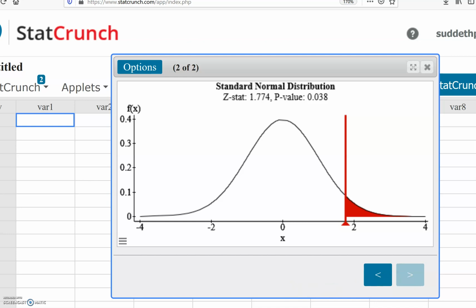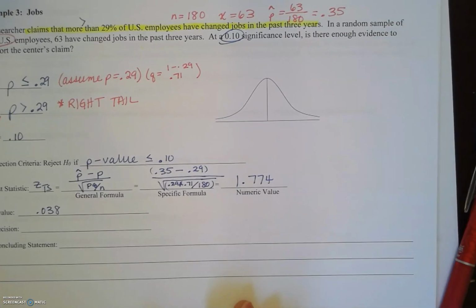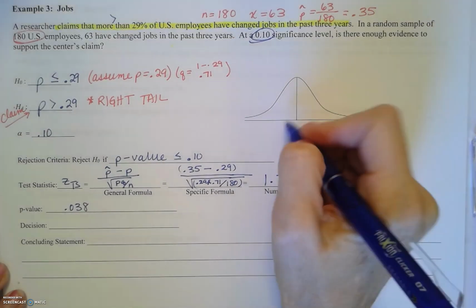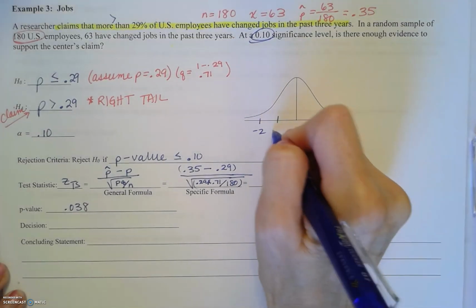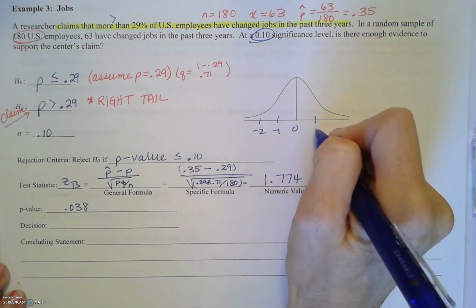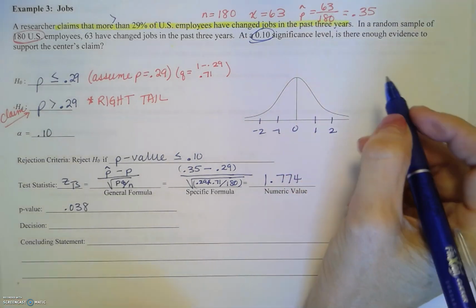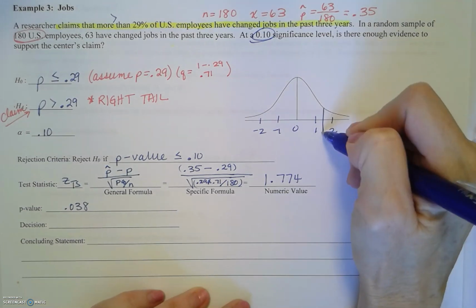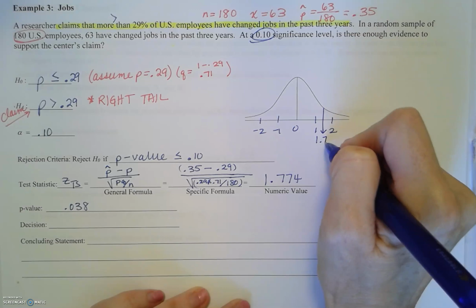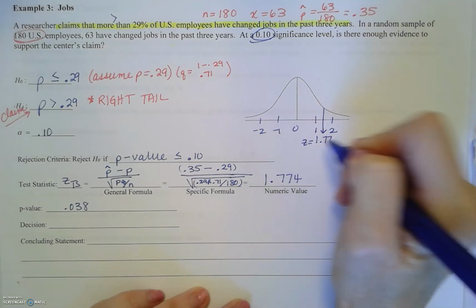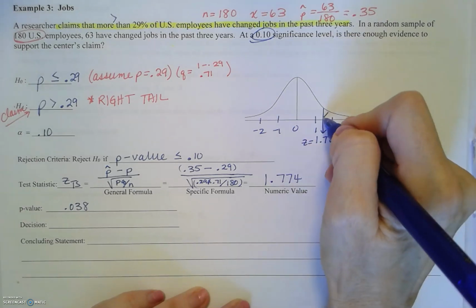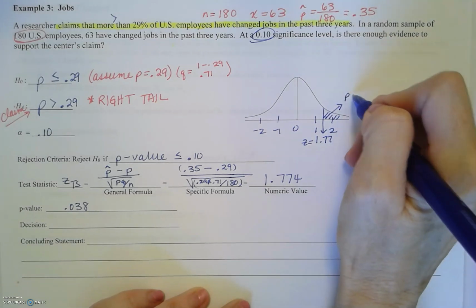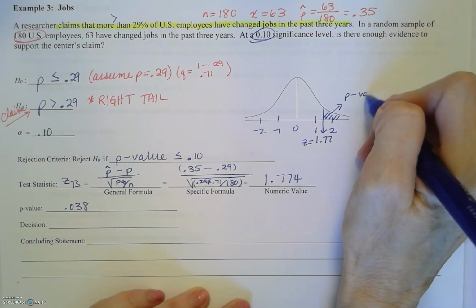I'm going to also copy that onto my paper. Okay, so on the graph, remember my horizontal scale is -2, -1, 0 being the mean, 1 and 2. Our test statistic we said was 1.774, so I mark that cutoff value, 1.77. Z equals 1.77. We said it was a right tail, so we're going to shade to the right, and the p-value is the area in that region, which is our probability.